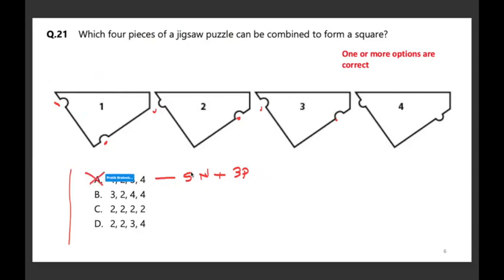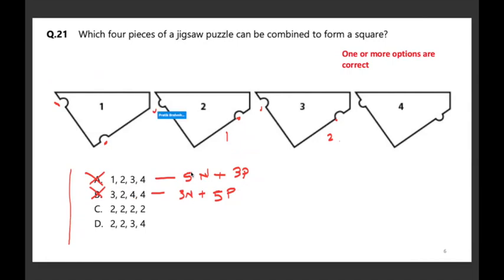So A is not possible. In the case of option B, 3, 2, 4, 4: 3 has 2 negatives, 2 has 1 negative, and 4 has 3 negatives, plus 5 positives, which again do not match. So B is not possible.